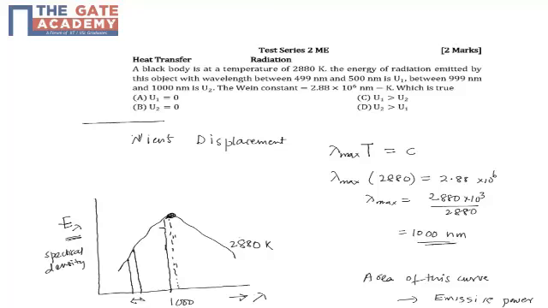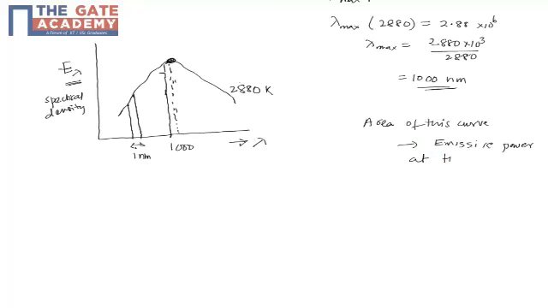At this temperature, let's say you want to find out the total emissive power at a temperature of 2880, then the area under the total curve will give you the emissive power at that temperature, emitted in all the wavelength range. Now in this wavelength range, 999 to 1000, the area is greater than between 499 to 500, obviously you can see.